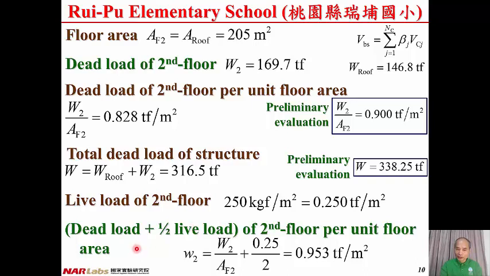Therefore, the dead load plus 1/2 live load of the second floor per unit floor area, small W2, equal to capital W2 divided by AF2 plus 0.25 divided by 2 equal to 0.953 ton force per meter square.